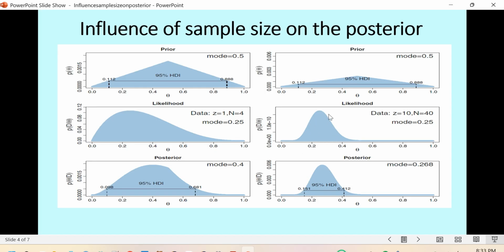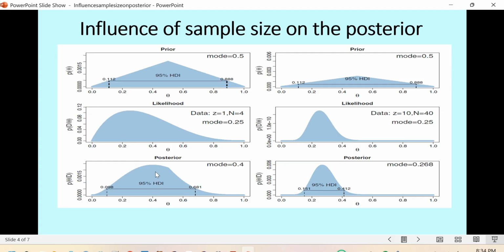So from almost the same prior, but with different sample size, you can see the posterior will be different. In the first case, the posterior is quite flat and the mode is close to the prior. The prior mode is 0.5, here it is 0.4, and this is 0.25.